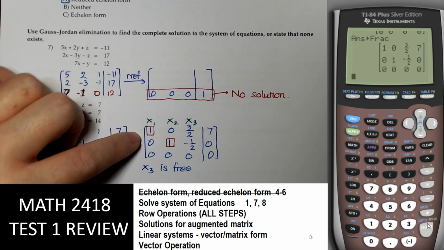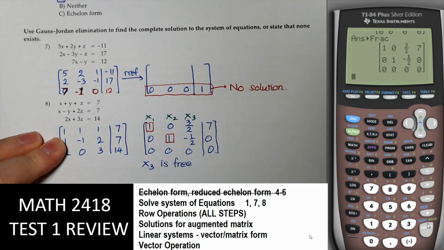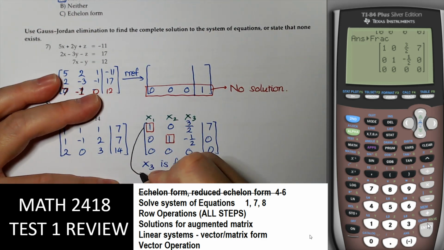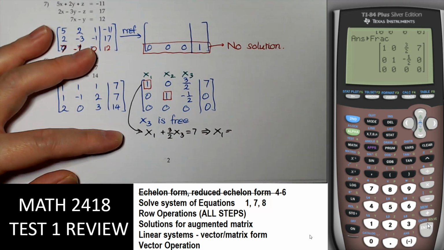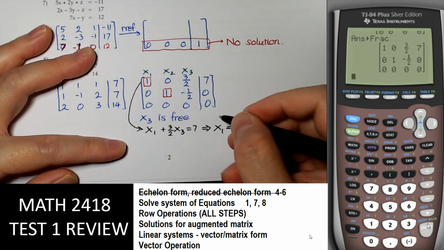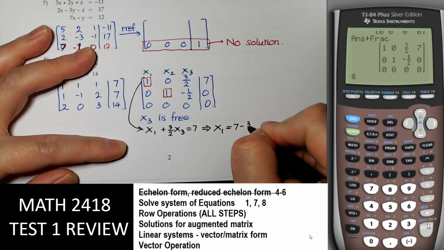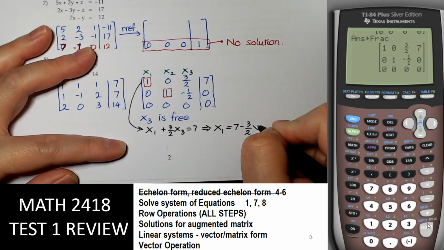And from these two equations, we will have x1 plus 3 half x3 equal to 7. And so we just minus that on the other side. We have x1 equal to 7 minus 3 half x3.